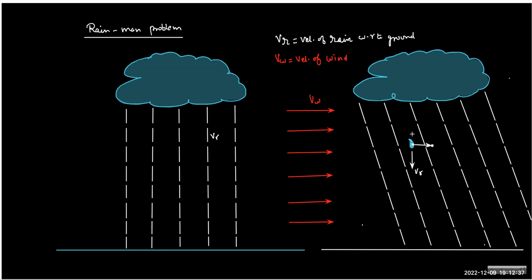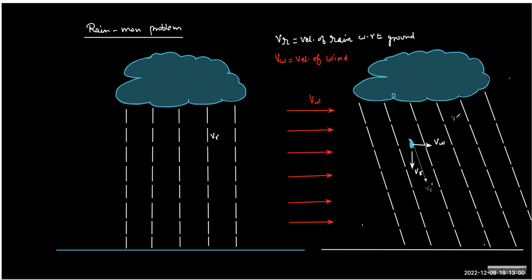Let's call it V delta. And the way you are moving is the resultant again. It's a resultant of these two velocities, with which you are now moving. That's called VR dash. So VR dash is the resultant of VW and VR.